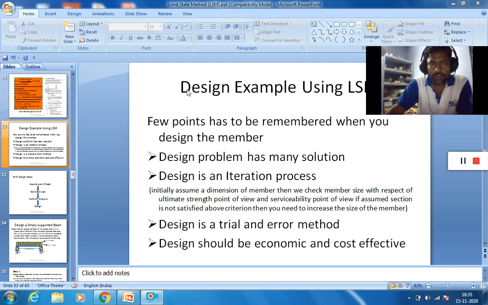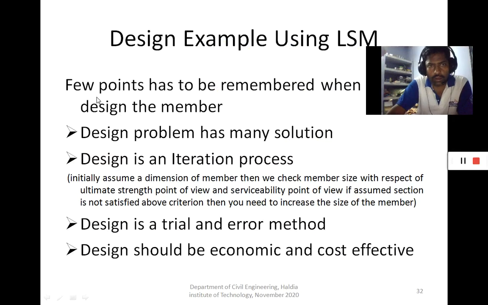So in this lecture I shall discuss a design example using the Livingston method. You know that RC design has mainly two types of problems that you have to solve.